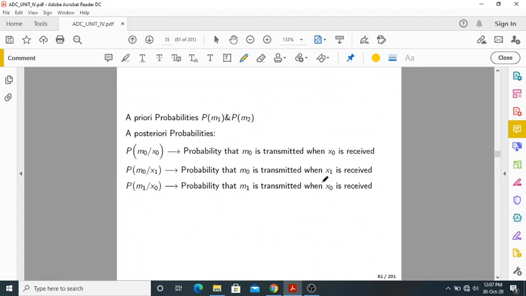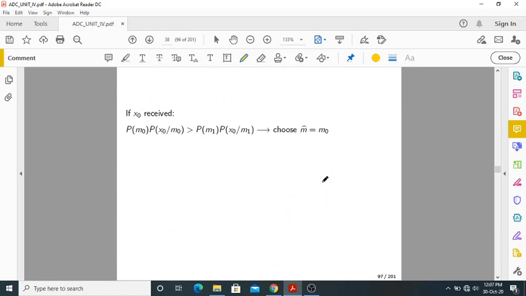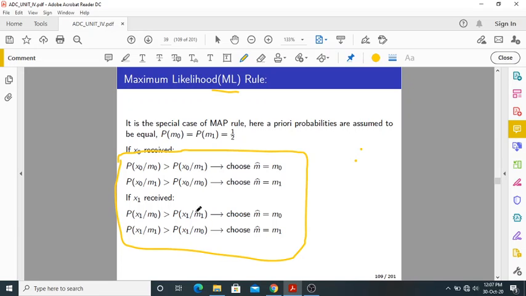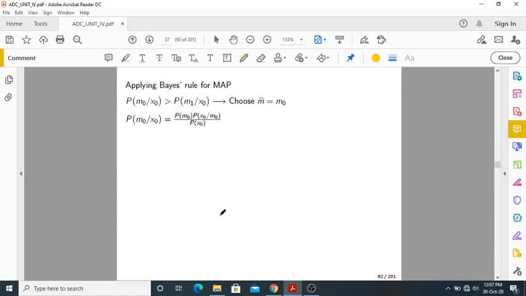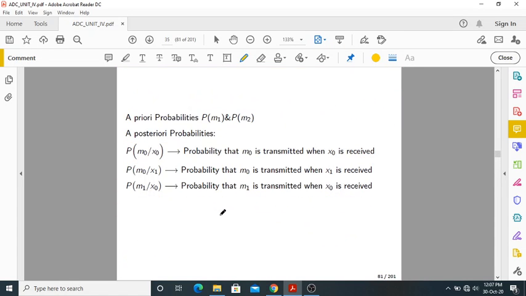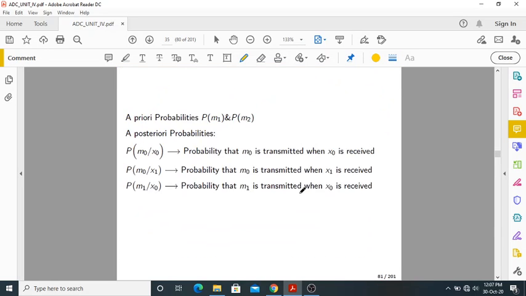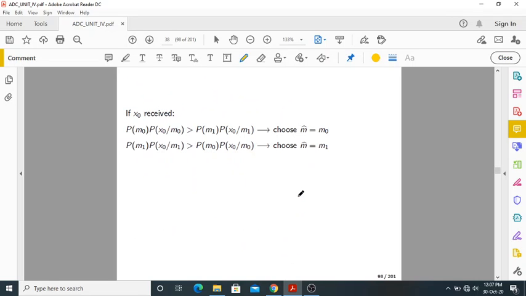Okay. Anyway, that's why if the symbols are equiprobable, we go for the simplest form of MAP rule, that is called the ML rule, maximum likelihood rule. What does it say? It is something like this. Please remember, I have explained MAP rule and ML rule only for what case? This binary channel case. Okay, but in practice that may not be the case always.